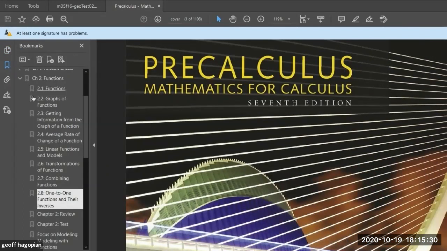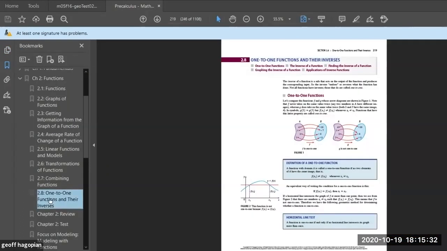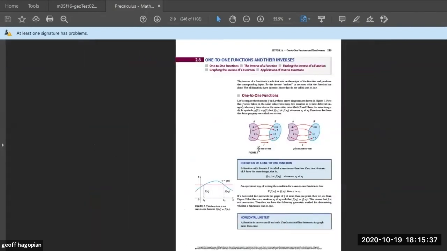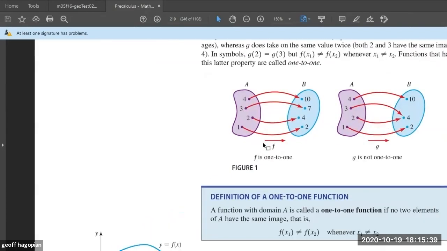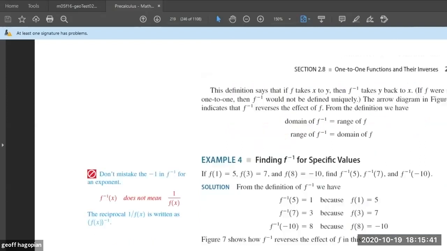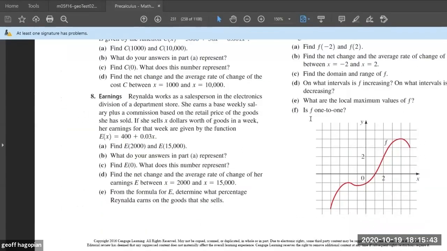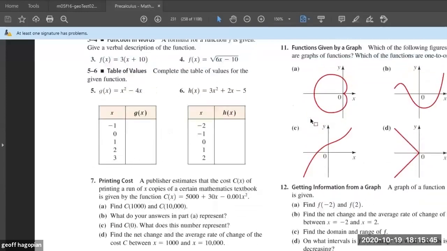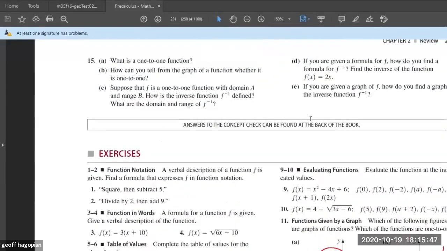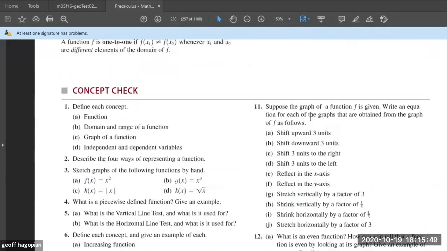Is it here? Yeah, so one-to-one functions, okay. Then I can just click on this little arrow and zoom in. And I want to go to the exercises, and these are the exercises for the, oh, I think that's the review.